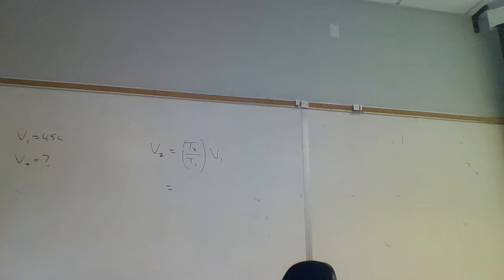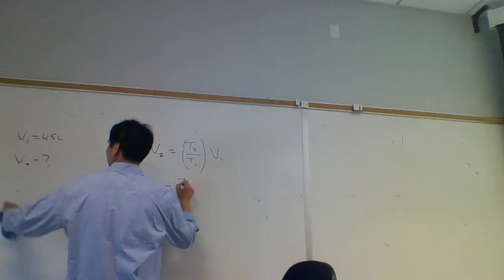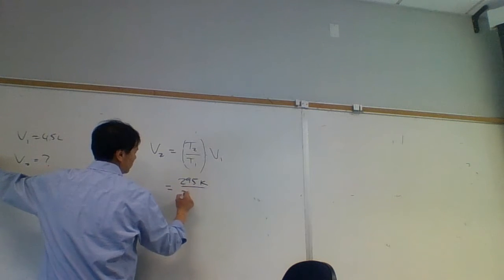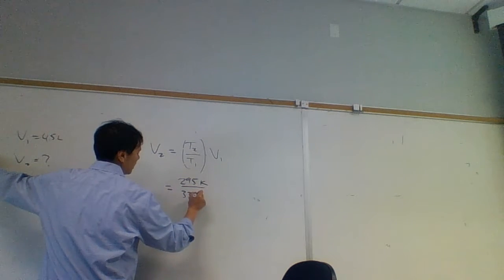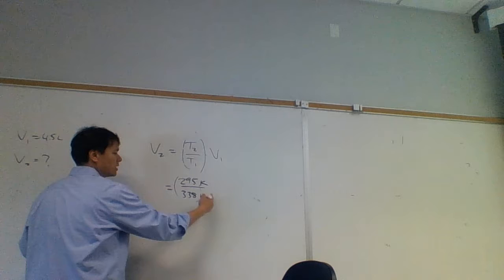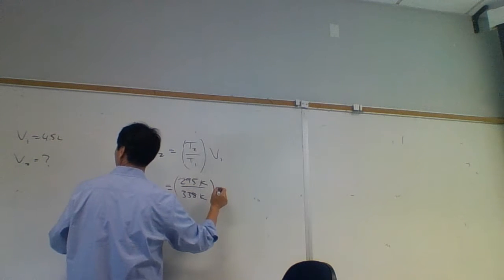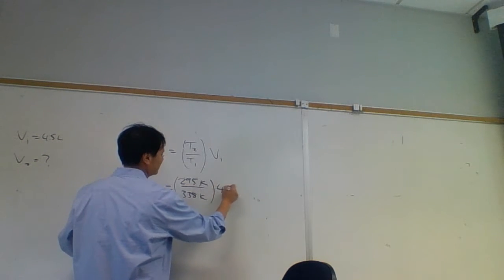And then 22 plus 273 is 295 Kelvin. So the temperature is decreasing, so I end up with a fraction, 295 Kelvin over 338. And so I'm just going to have a fraction of the original volume. Do you see a fraction of the original volume here? And the original volume is 4.5 liters.